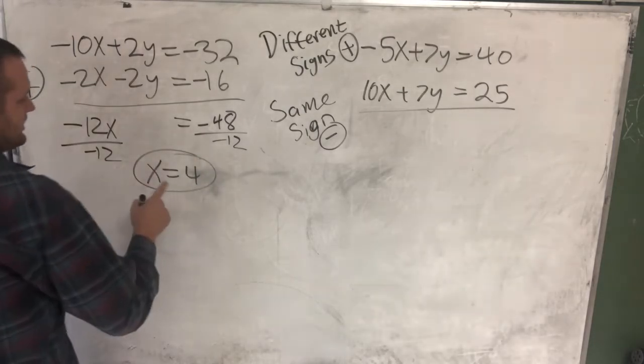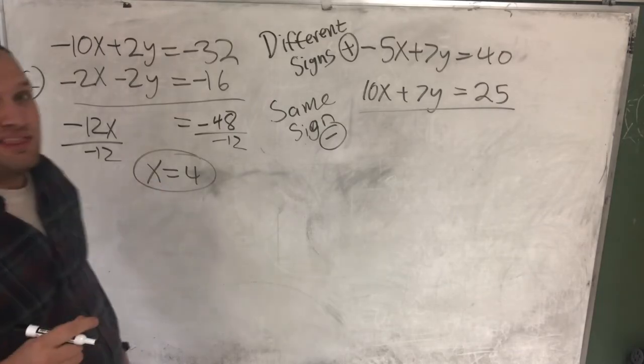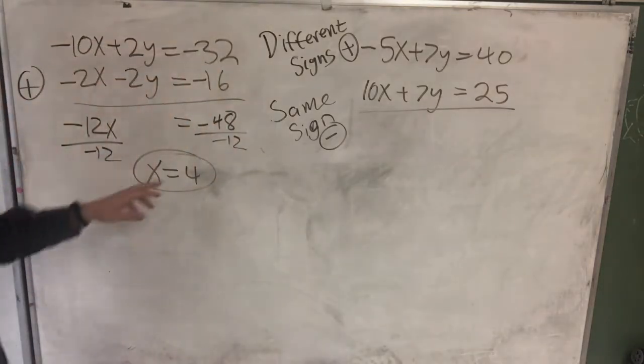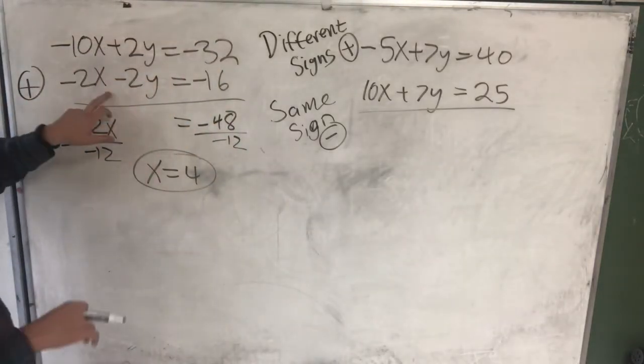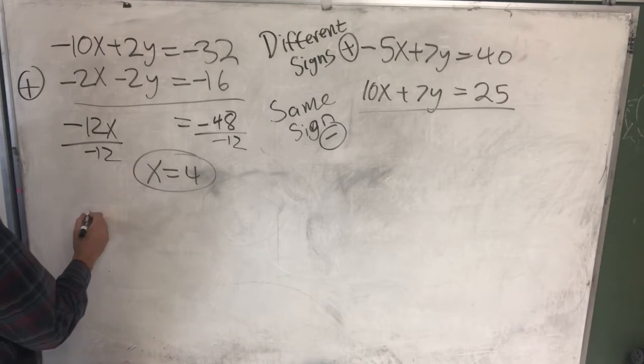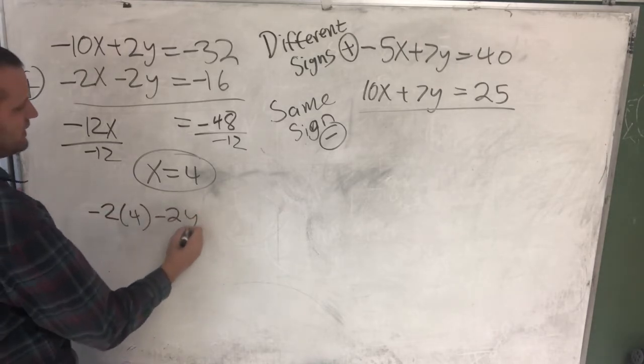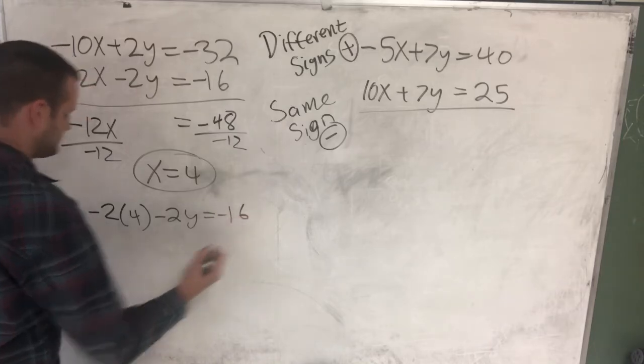All right, now I take that x. Remember, for a system of equations, we need a point. We need the x value and the y value. So I've got my x, I plug it in to get my y value. That's negative 2 times 4 minus 2y equals negative 16.